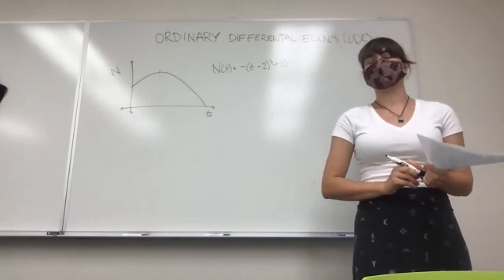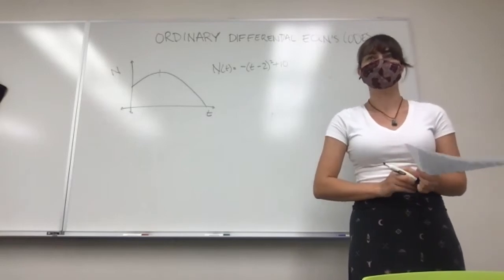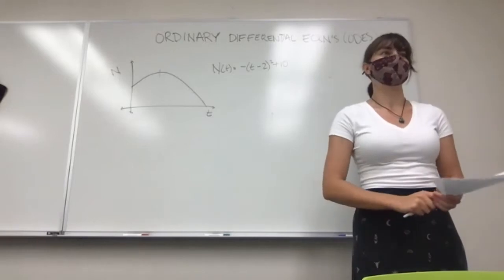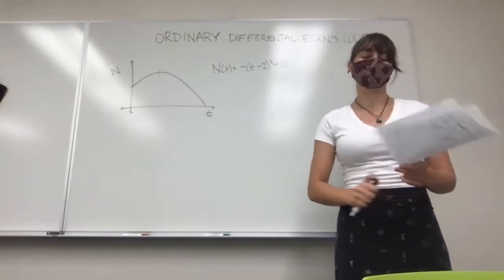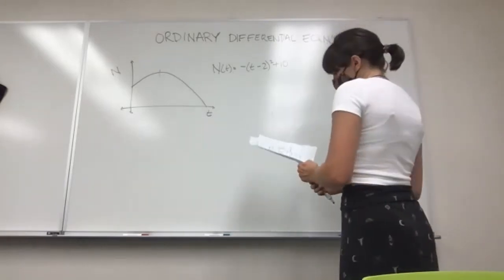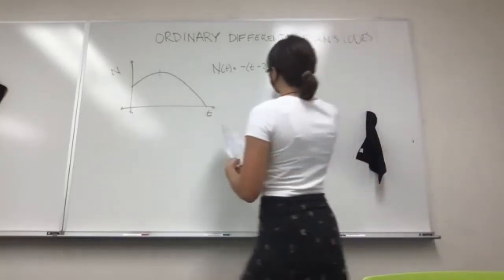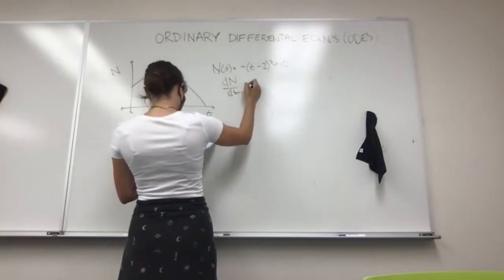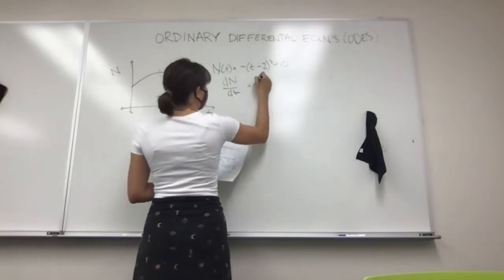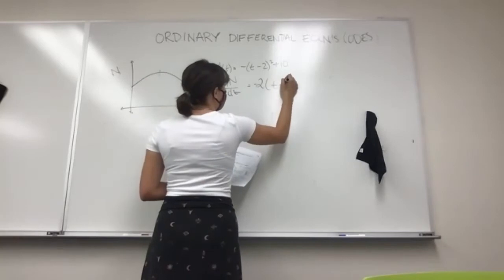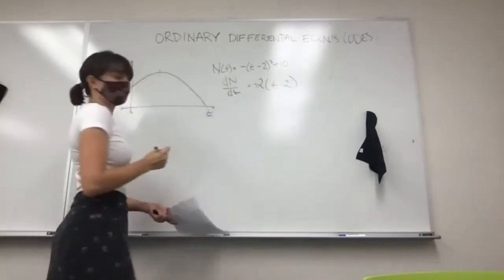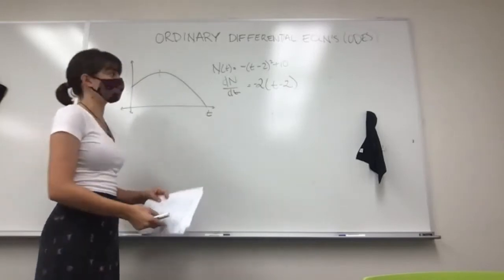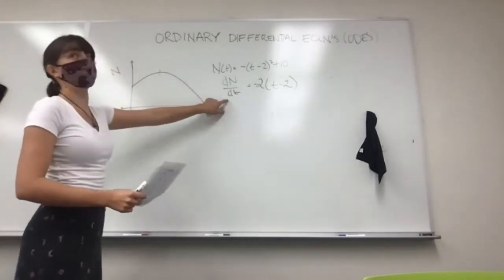If you ever feel so compelled to calculate your derivatives by hand, there's tricks that make it much faster, but we're just going to pretend that we plugged it into the computer and it gave us the answer. So we know that dn/dt is -2t minus 2.